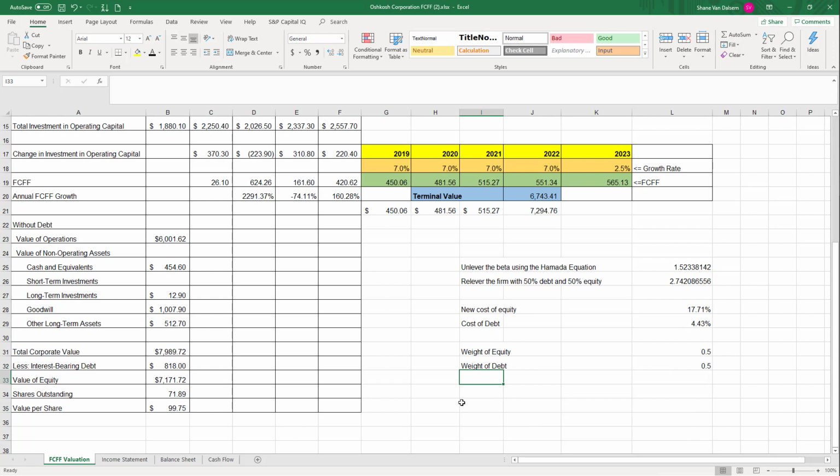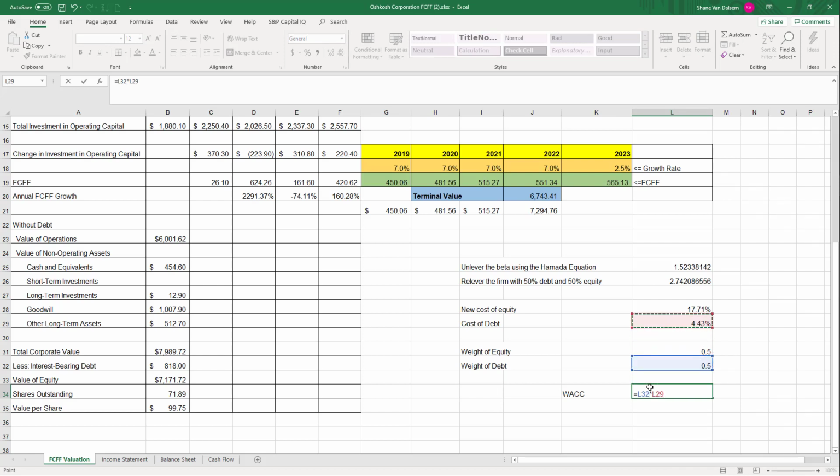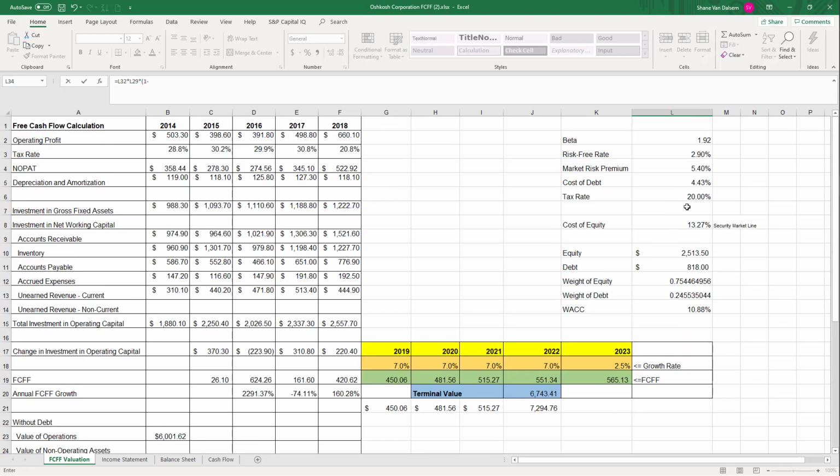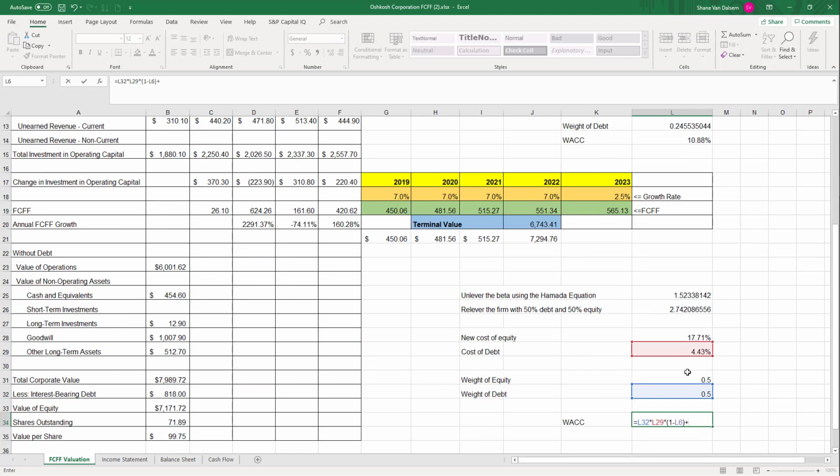So our weighted average cost of capital is then equal to the weight of debt multiplied by the cost of debt multiplied by 1 minus the tax rate, plus the weight of equity multiplied by the new cost of equity. So we're at 10.63%.